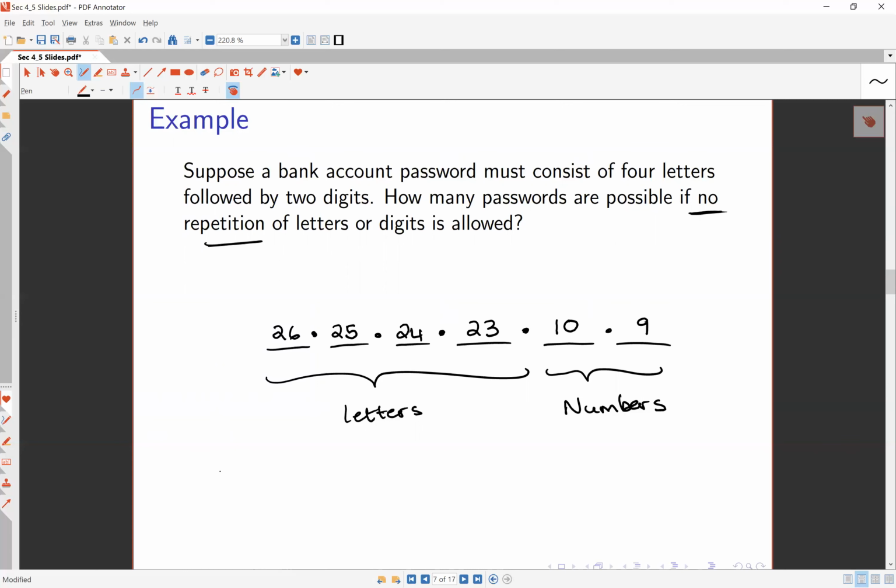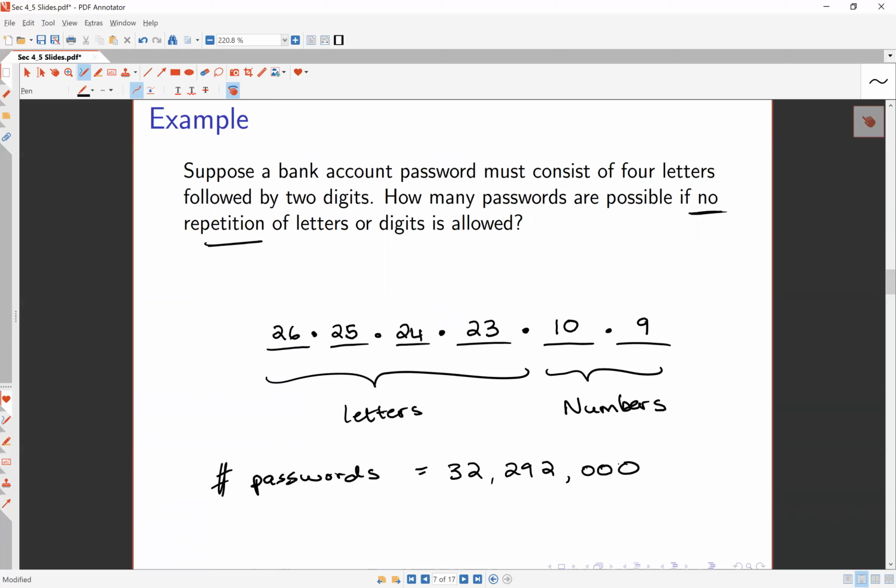So in this case, the number of passwords, since they don't allow repetition, is 26 times 25 times 24 times 23 times 10 times 9. And that gives us 32,292,000.